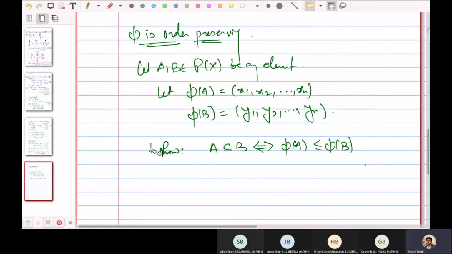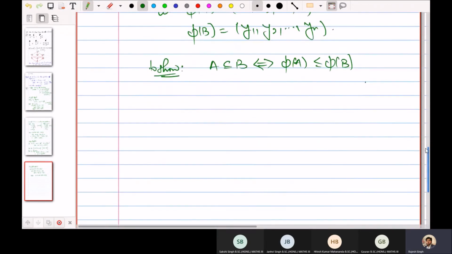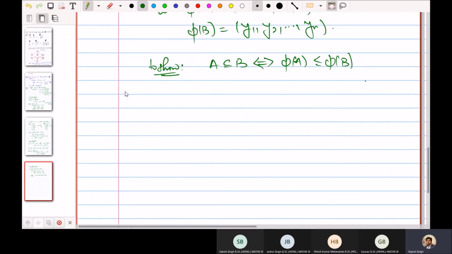Yes, so we have to show that this A contained in B is equivalent to phi(A) is related to phi(B). So first we consider, so let A is contained in B. अब हमें शो करना है phi(A) is related to phi(B).